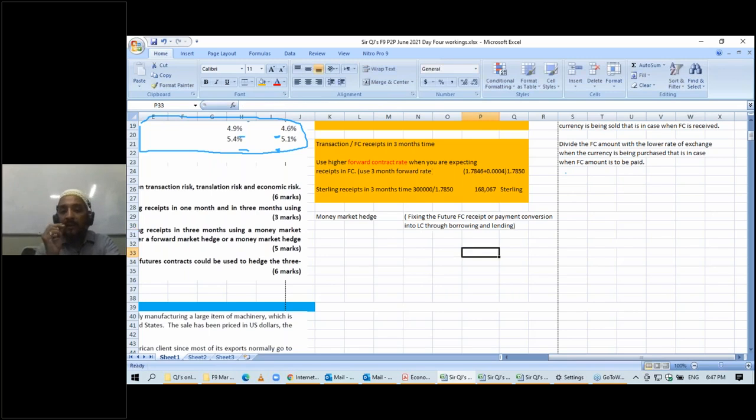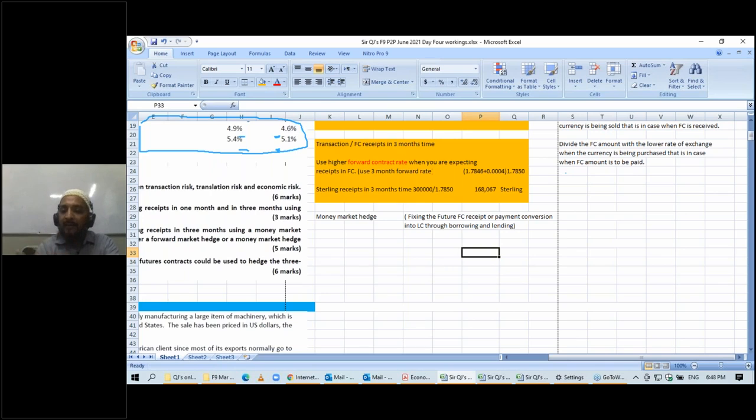So in the money market, funds are being sold. Some people will be buying the funds and some people will be selling the funds. And remember, in the money market, you will be able to buy local currency as well. Means you can borrow local currency, you can borrow foreign currency as well. And also you can lend local and foreign currency in the money market, right?